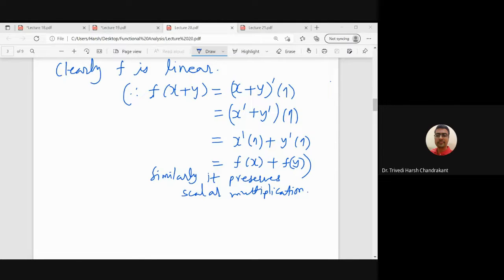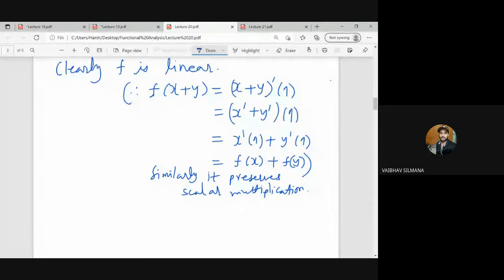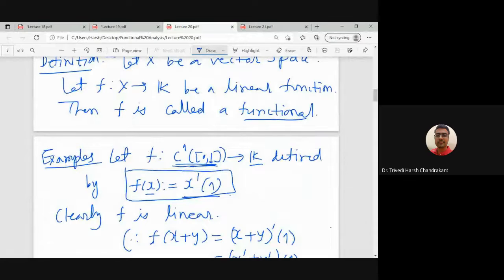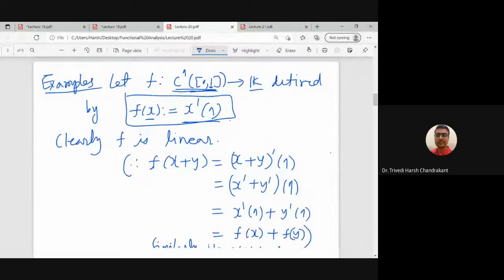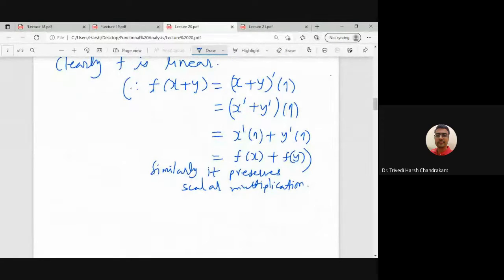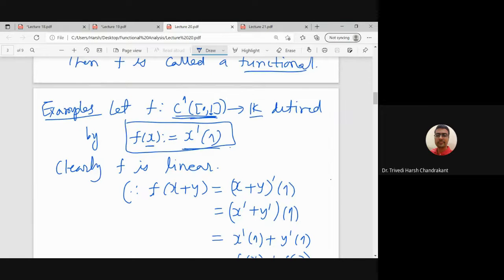You check it is linear. Now what? So we are discussing basically continuity. In this example, we checked the function is linear. Scalar multiplication is easy. You can verify similarly using the other property of the derivative: alpha times x dash is alpha x dash. So only that thing we need to use. So now the next question is whether this function is continuous. So for continuity, what do we require on the vector space?